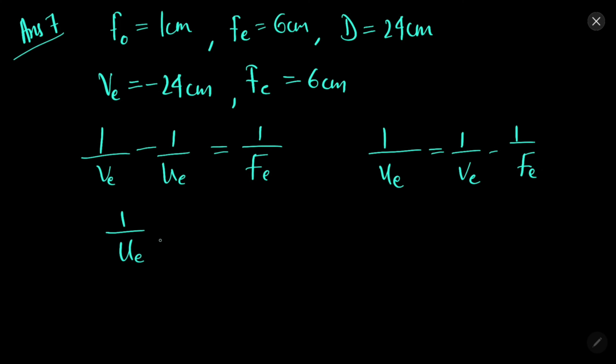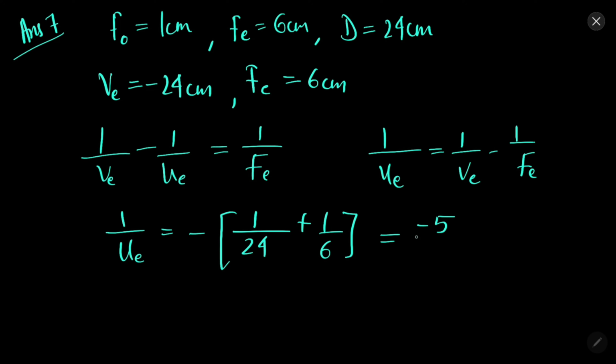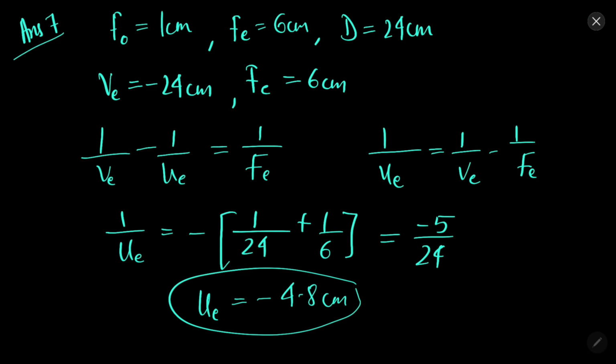So 1 over UE equals minus 1 over 24 minus 1 over 6. We have taken minus outside. So ultimately we will have minus 5 over 24. So UE will come out to be minus 4.8 centimeters.